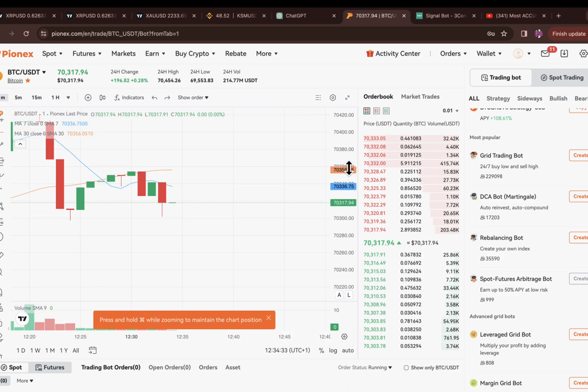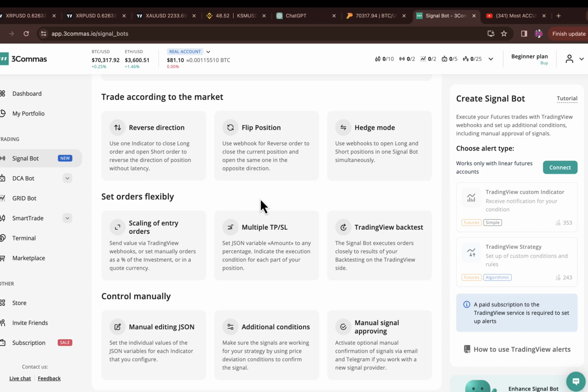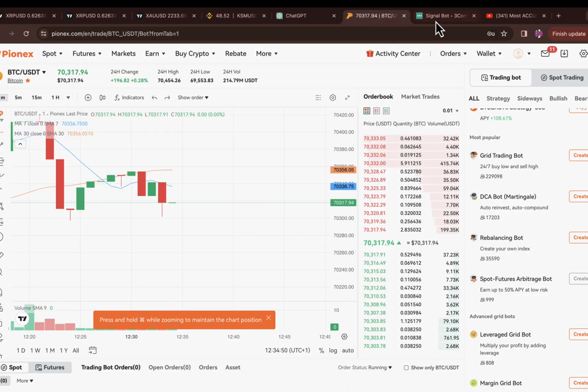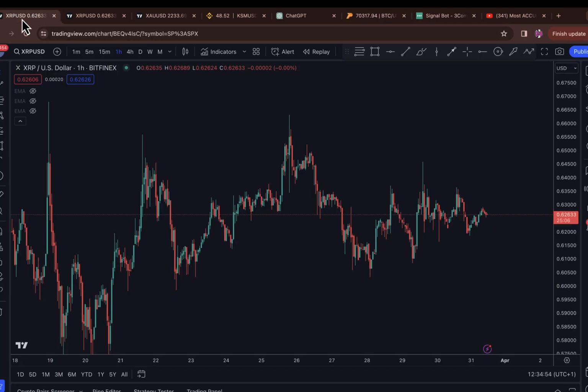There are new platforms coming up, but these are the very popular ones for now. So you go to Pionex, you subscribe, and you find signal bots, and then you follow the prompts. You go to TreeCommerce. You go to signal bot, you create one, and you follow the instructions for that.